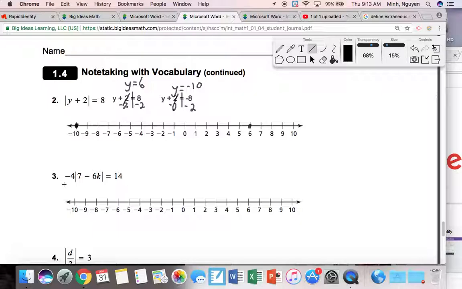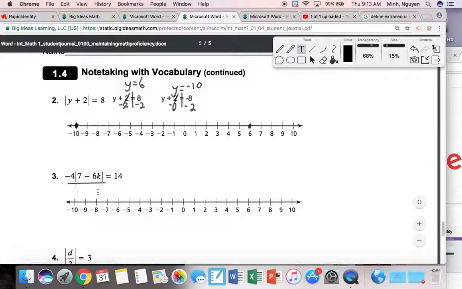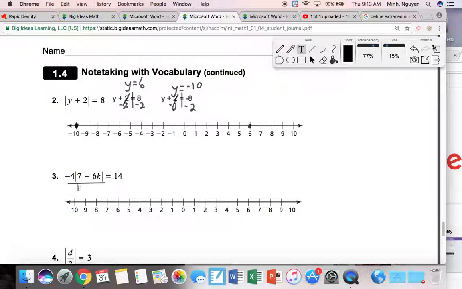How do you cancel out? What is the inverse operation of multiplication? Divide. Nice little fraction bar. Divide by what? You're going to use the same number that we are trying to get rid of. So negative 4. Here as well, I'll write it in this time. Negative 4. So we have the absolute value of 7 minus 6k.